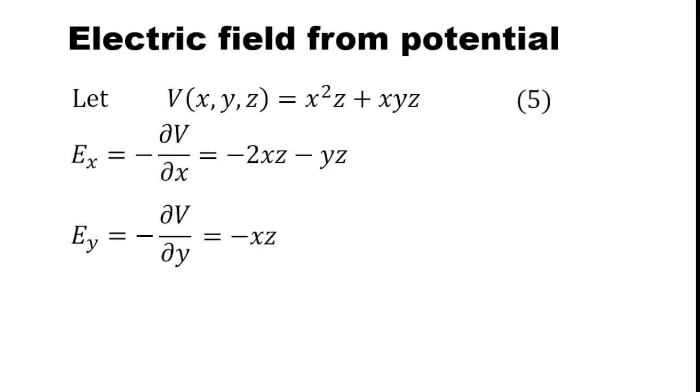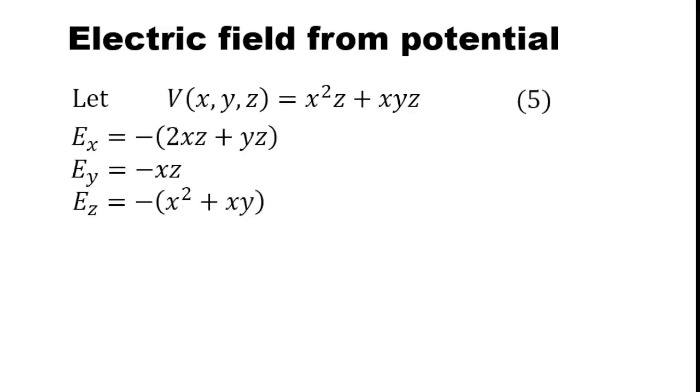So partial differentiation of equation 5 with respect to y gives us minus x times z. And likewise, we can calculate the z component of the electric field, which is equal to minus partial derivative of potential with respect to z. This differentiation gives us minus x square minus xy.